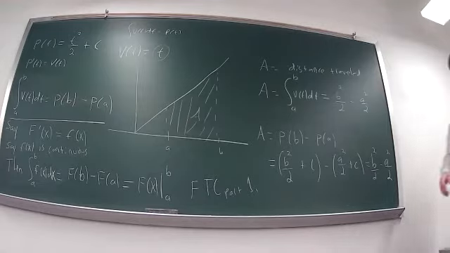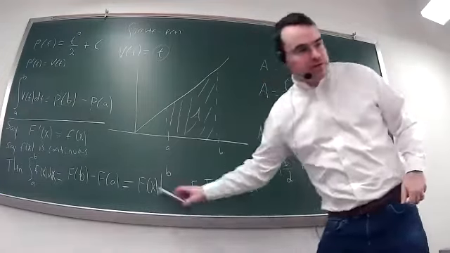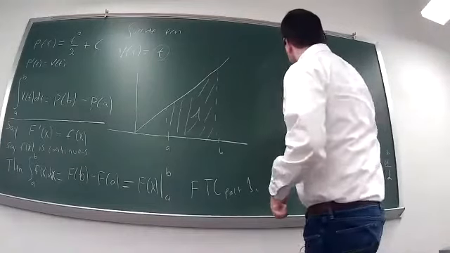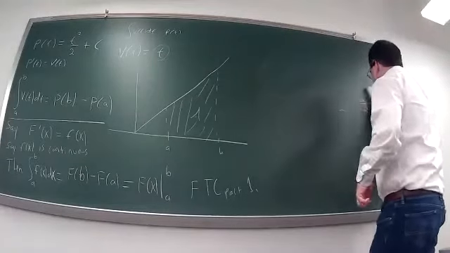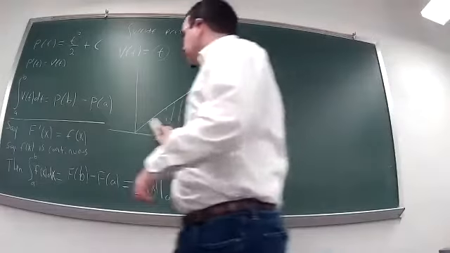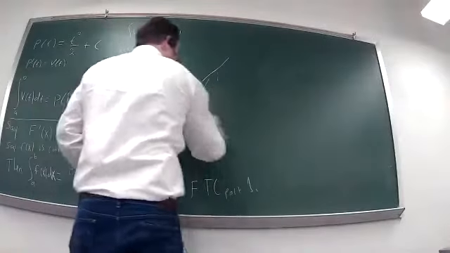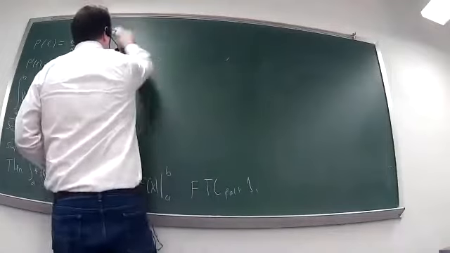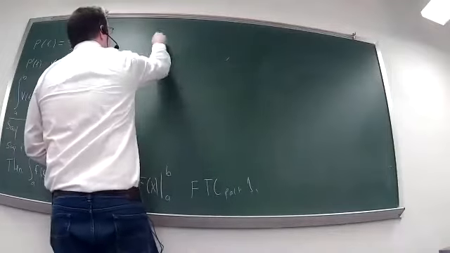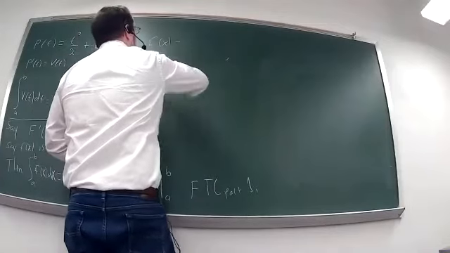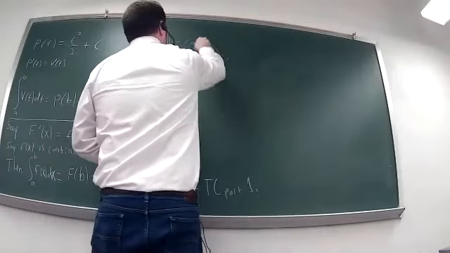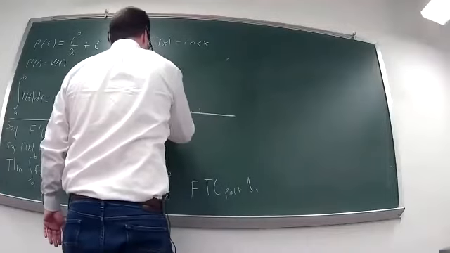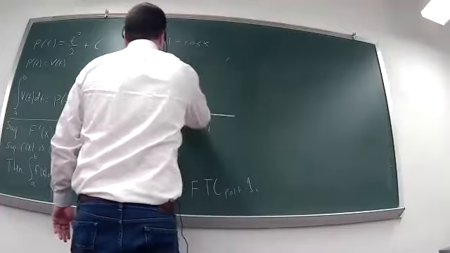So for instance, maybe you want to look at f of x equals cosine of x, and you want to go from 0 to pi over 2.